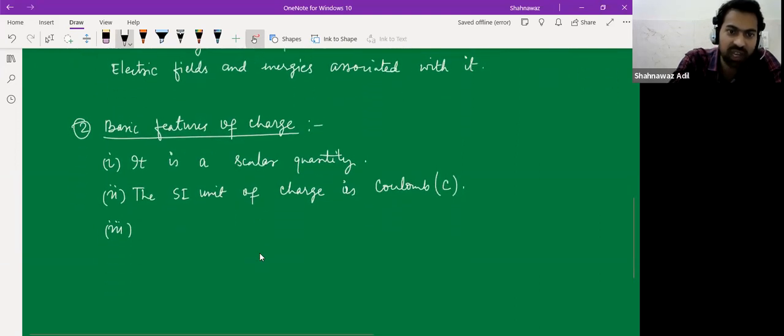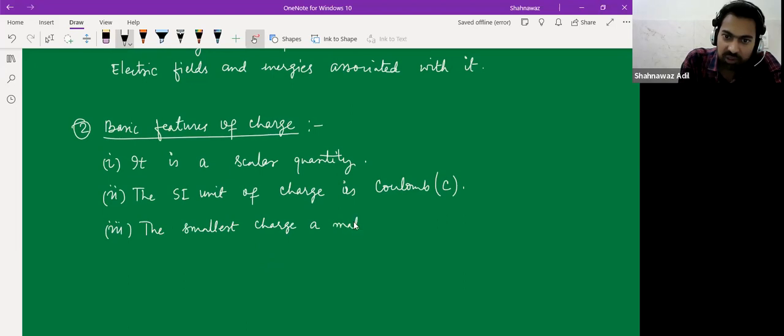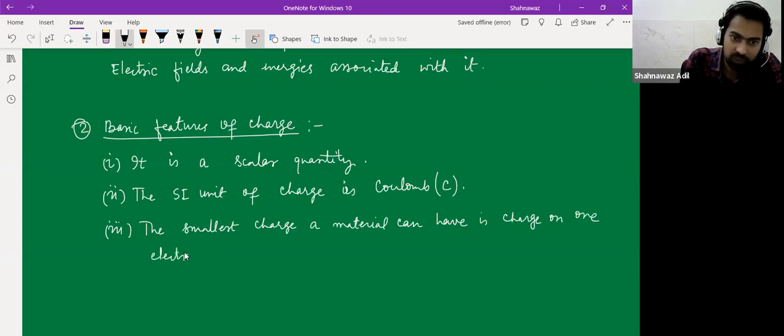The third feature is that the smallest charge a material can have is the charge on one electron, and that is e. So the smallest charge can be e.